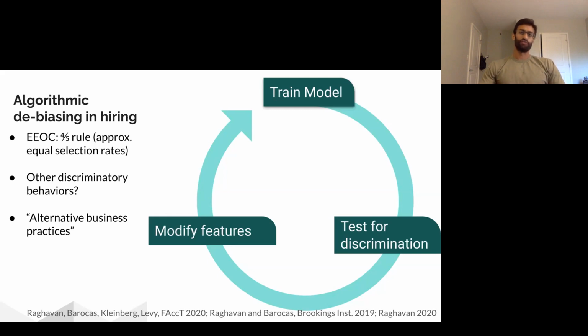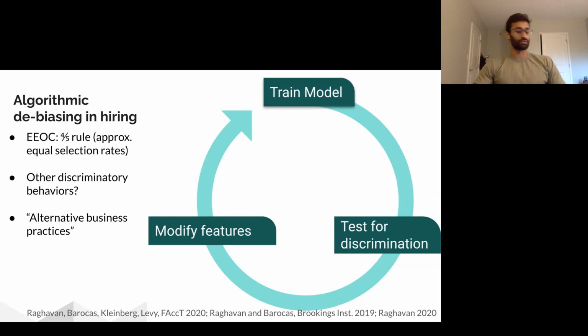And so the constraint that they try to follow comes from the late 70s in the United States, which basically says if you have two different groups, say men and women, the selection rates between those two groups should be approximately equal. And the law explicitly defines along what attributes those groups are defined.